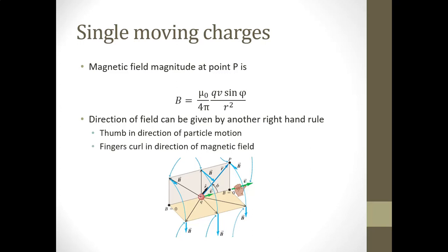This would be the way I would calculate the magnetic field from a single charged particle with a charge Q. This value phi is whatever this angle is right here, between the direction of travel and the radius. It's worth pointing out that this is also a cross product, and you can find that direction using the cross product.